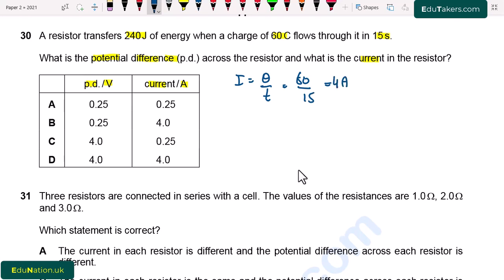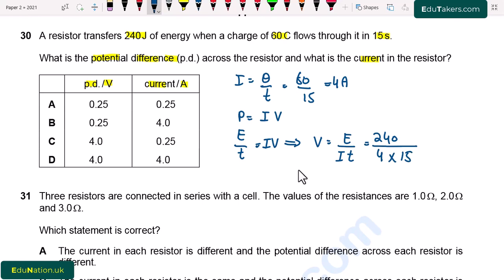In order to calculate the potential difference, it is given that energy is 240 joule. So here I write power is equal to product of current and potential difference, and power is the rate of transfer of energy. By using this formula, V will be equal to E over I T. Energy is 240 divided by current, that we calculate here 4 ampere, multiplied by time is 15.